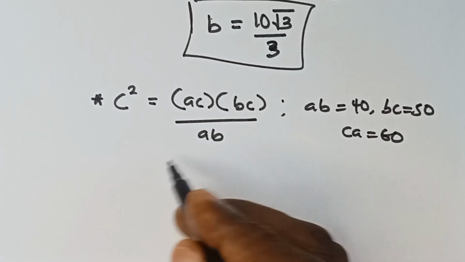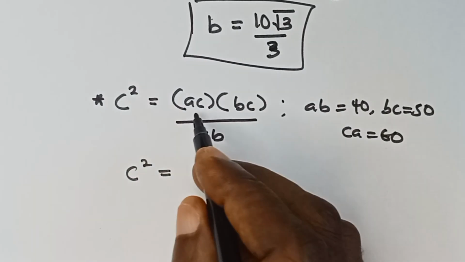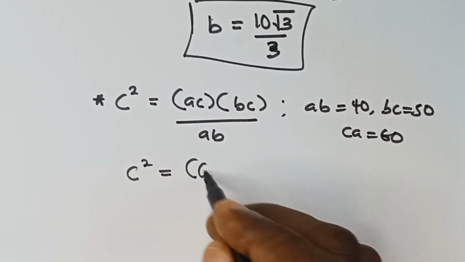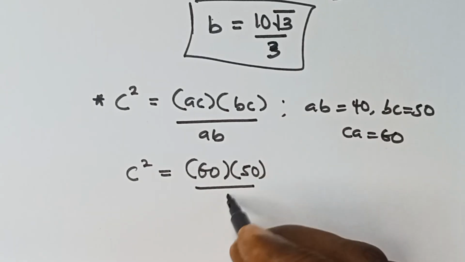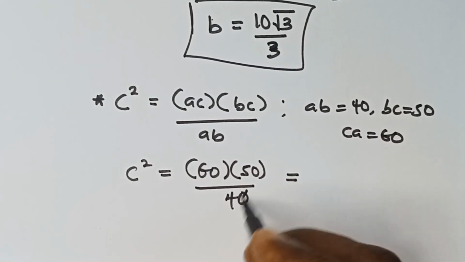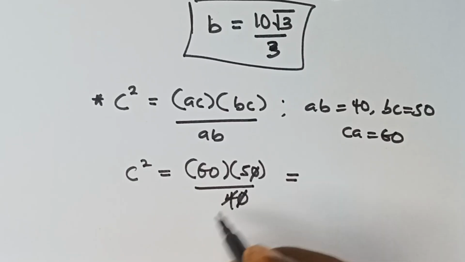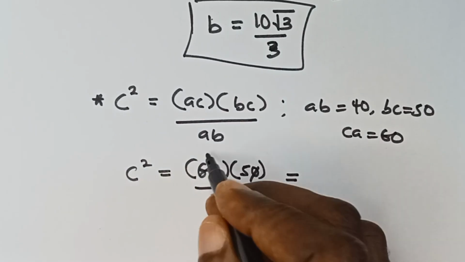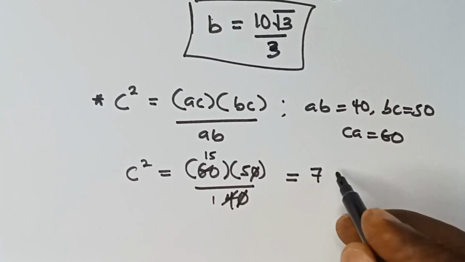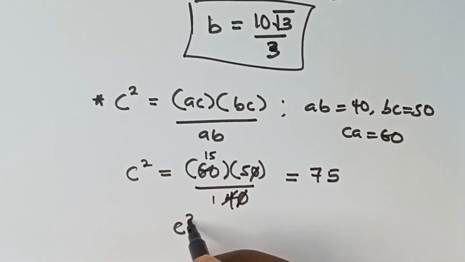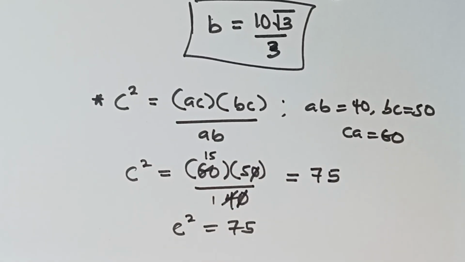So we have C squared to be, what is our AC? It's 60, our BC is 50, then our AB is 40. So 0 cancels 0, 4 in 4 is 1, and 4 in 60 is 15. So we have 15 times 5, which is 75. So C squared equals 75.